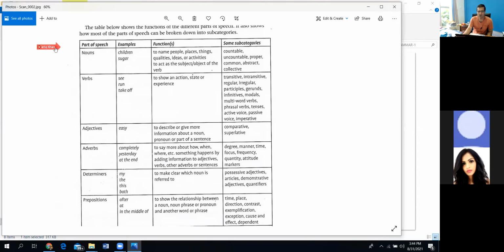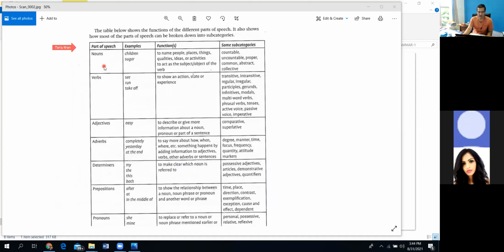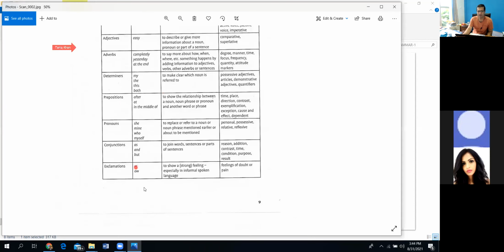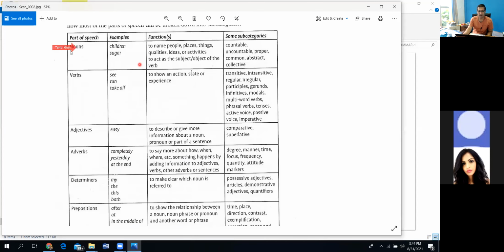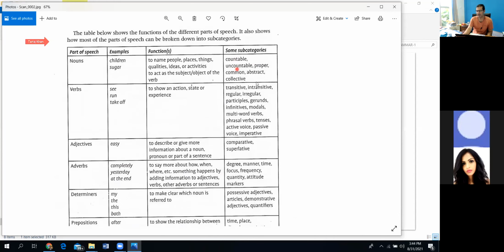How will they test you? If you see, 9 parts of speech are there in this table. They are going to test you on the subcategories of it. Function also they will test you. For example, take nouns: there are countable noun, uncountable noun, proper, common, abstract, collective.